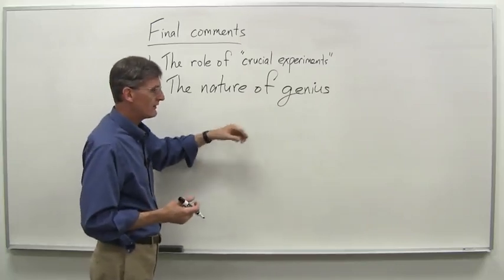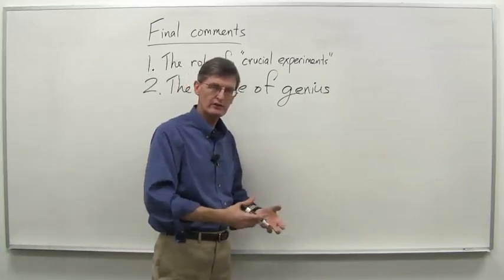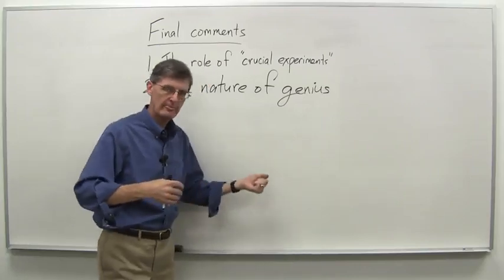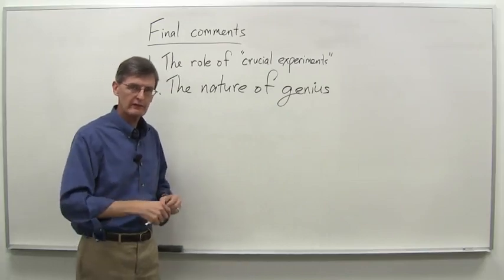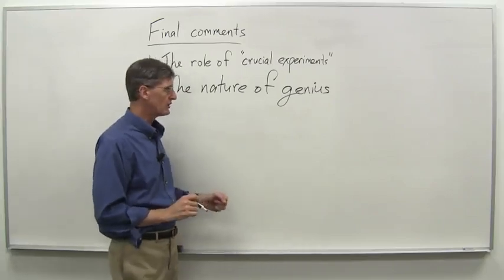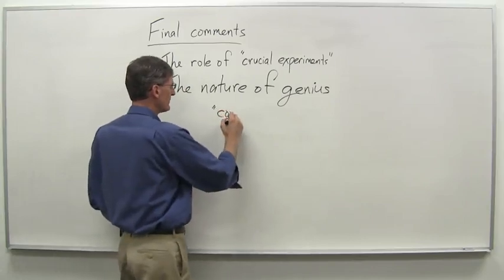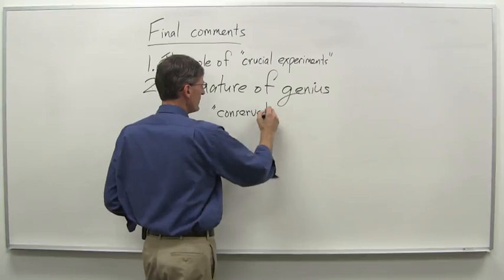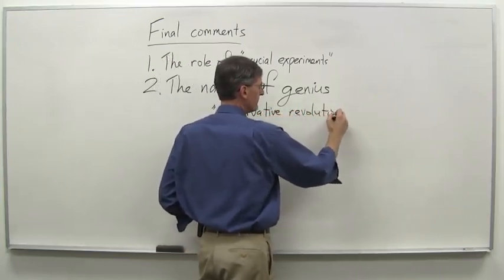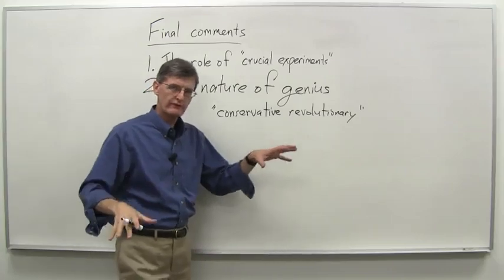And interestingly enough, you can think of Einstein sort of, even though in a real way he was a revolutionary, he was at the beginning of the quantum revolution, as we mentioned before. He clearly, the development of the theory of relativity was revolutionary, both the special theory and the general theory. And yet, in a sense, you could say he was a conservative revolutionary in some ways, because he sort of had one foot in each camp.